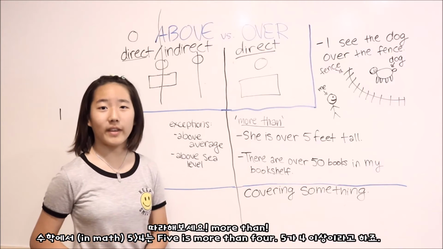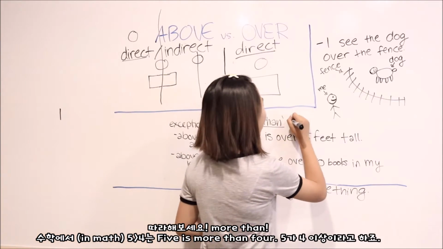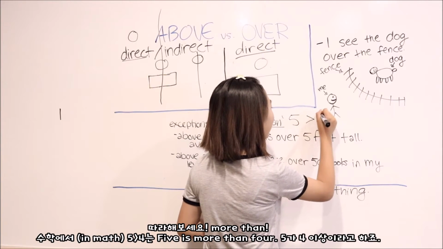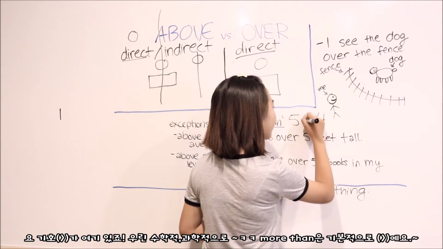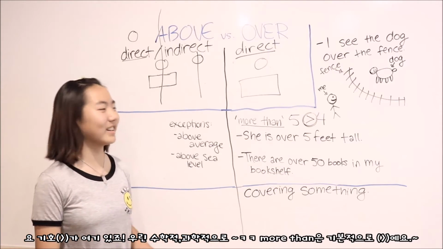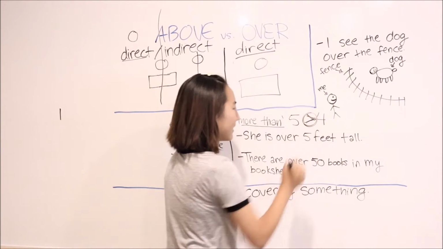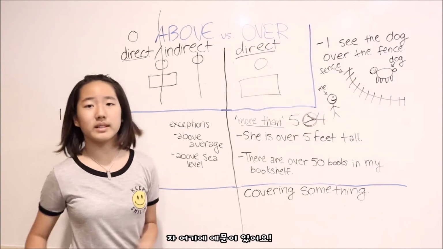Follow me, more than. Like in math, 5 is more than 4. And it's like that sign right there. So if we want to get all mathematical and technical, basically it's this. Now here are two examples.